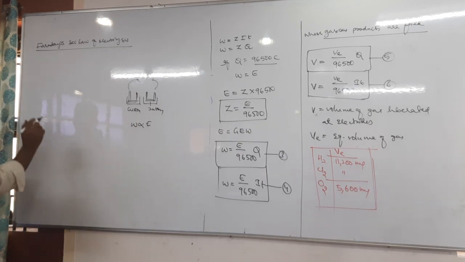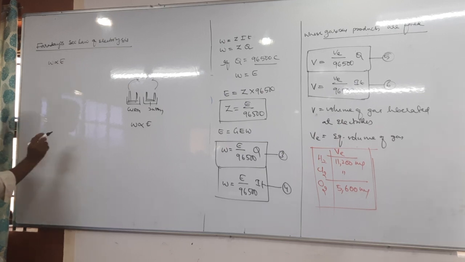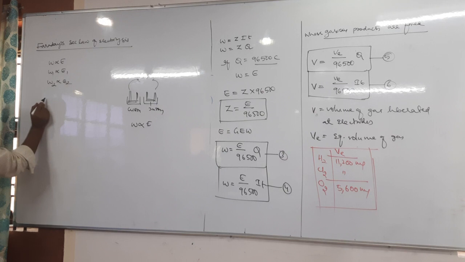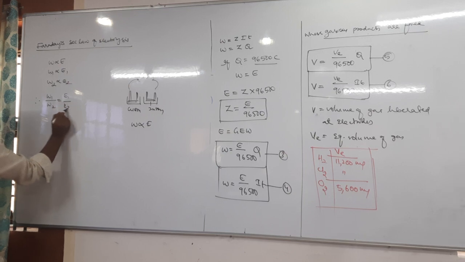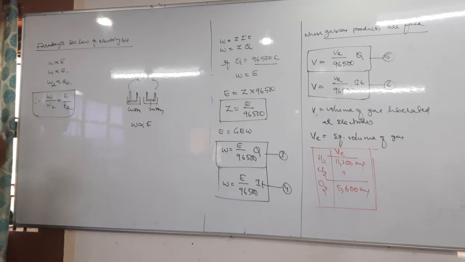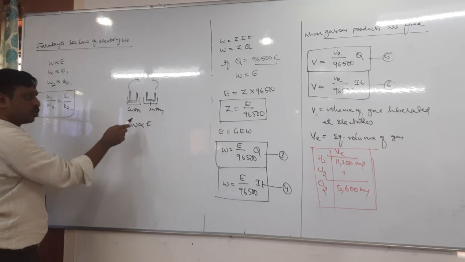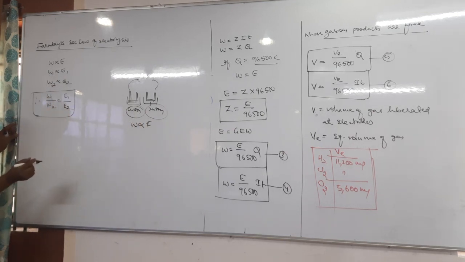So according to Faraday's second law, W is directly proportional to E. Then W1 is directly proportional to E1, W2 directly proportional to E2. Therefore W1 by W2 equals, tell me. For example, when the same quantity of electric current is passed through copper sulfate and zinc sulfate, what is the mass of copper and zinc deposited?